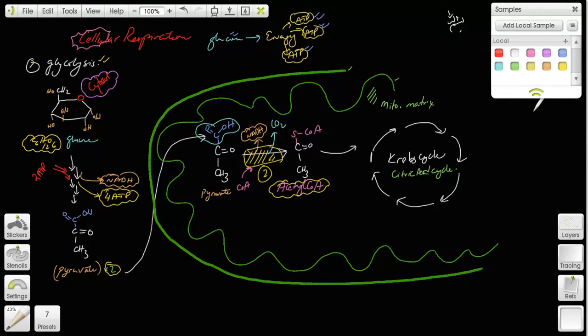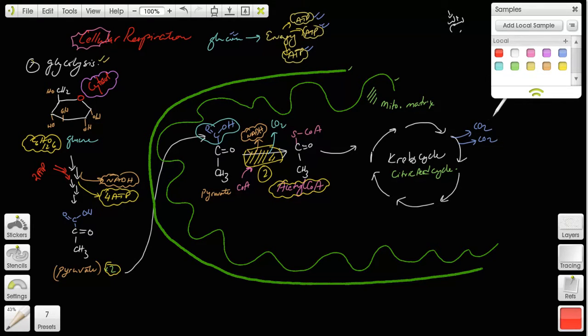So that's the Krebs cycle, okay? And what's going to happen during the course of the Krebs cycle is that the further processing of the acetyl-CoA occurs, and carbon dioxide is going to be released. So another 2 molecules of carbon dioxide will result.